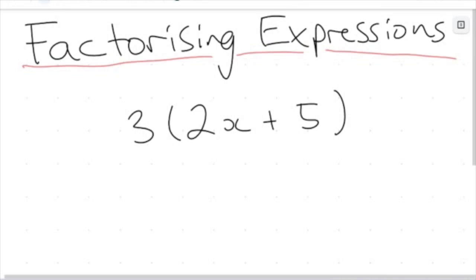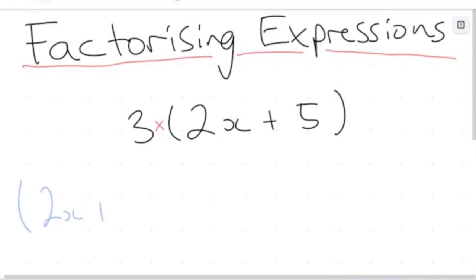So what this thing means here is essentially we're taking three lots of 2x plus 5. Now, I'm going to do this the longer way just to give you guys a good solid revision of what we mean by expanding the brackets. So this thing here is like saying we have three lots of 2x plus 5.